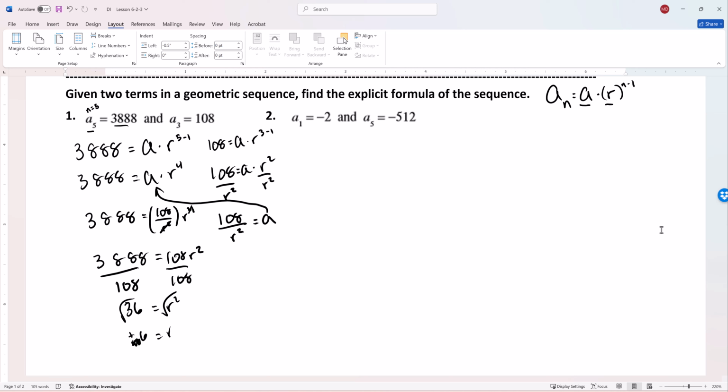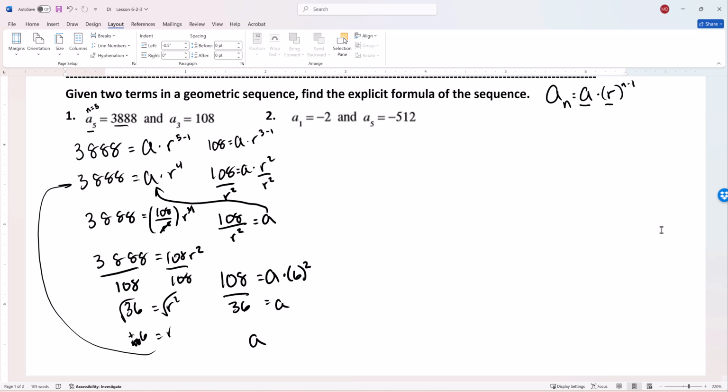So that's my r. So now I can plug r into one of these equations that I established here to find what a is. So for example, I can plug it into this one, 108 equals a times r squared. That's 36, so divide both sides by 36.